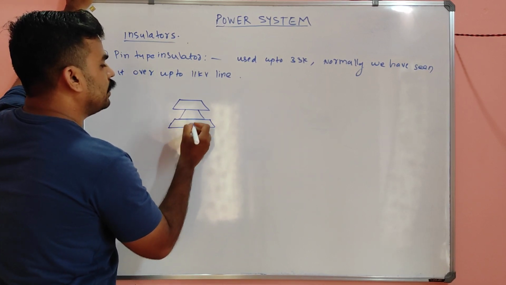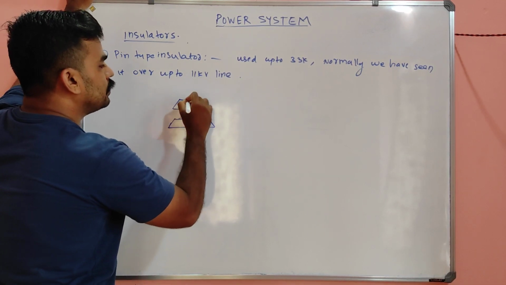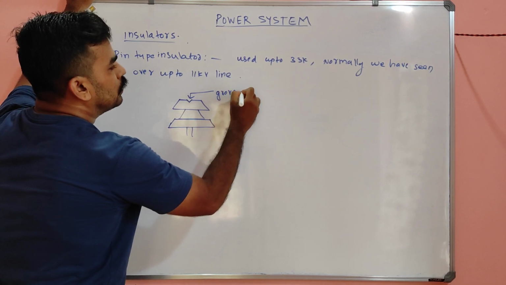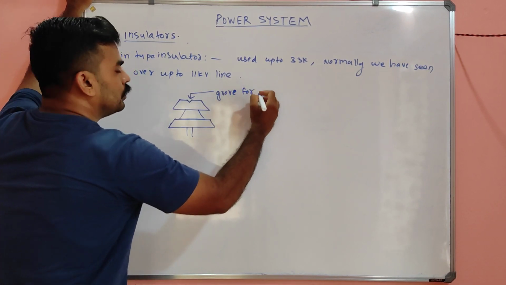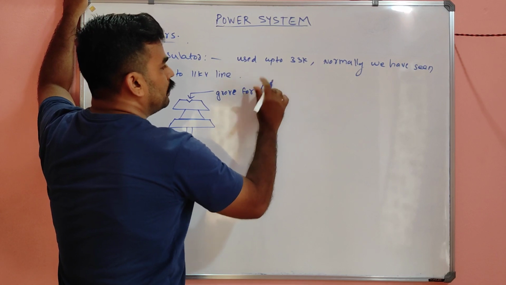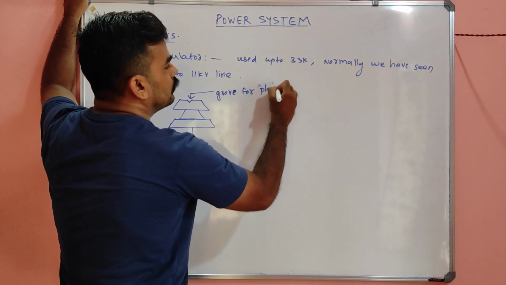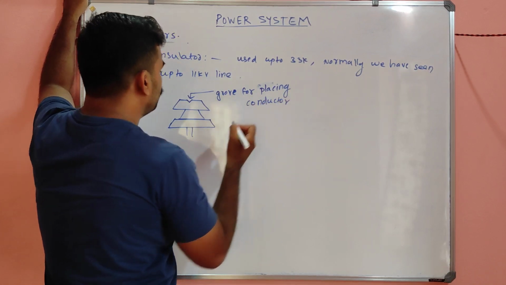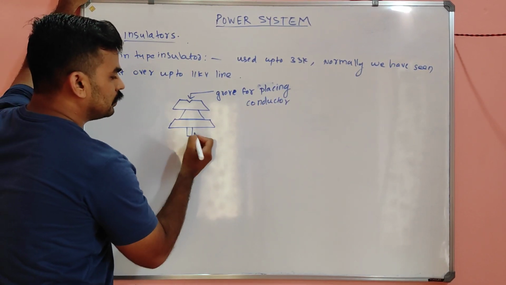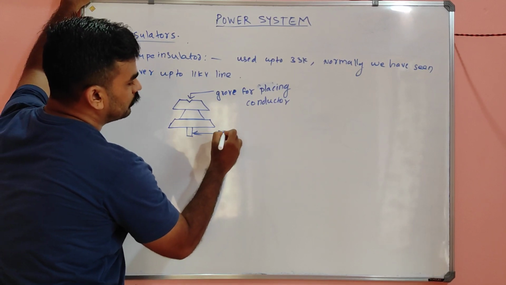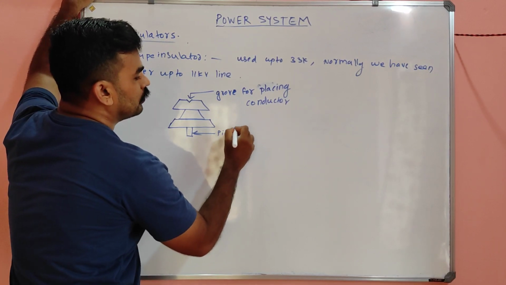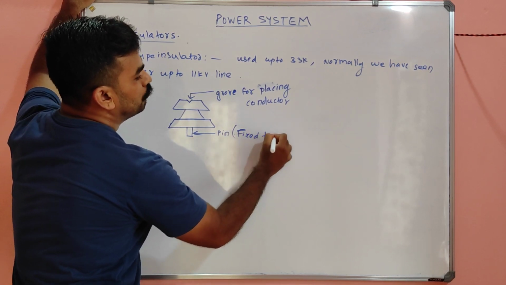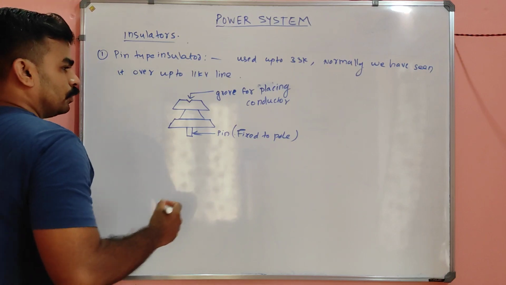There is a groove for placing the conductor, and this is the pin, fixed to the pole or pole arm.